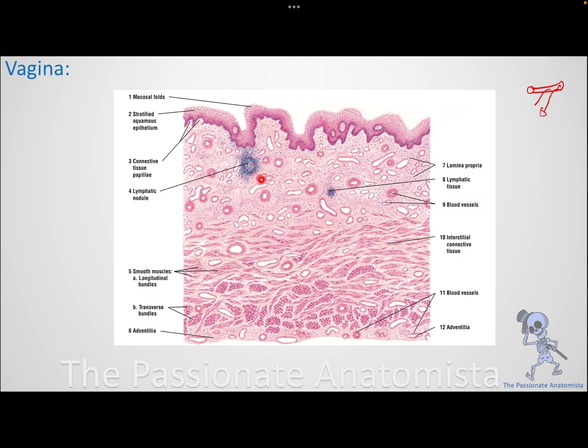So there should be lymphatic tissue to protect the organ from infection. And of course, it's a stratified squamous epithelium because this is an organ that is vulnerable to damage and abrasion, and we need to protect against damage by having a lot of layers to protect itself.